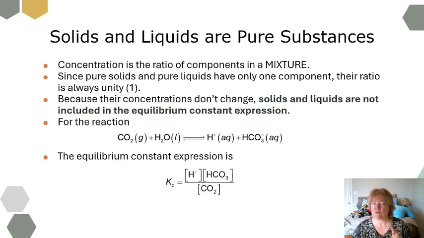They have no coefficients, so there's no powers in this one. And then for the reactants, note that I'm only going to put CO2 there. I'm not going to put the water because the water is going to have a concentration of unity, so I leave it out. So I ignore the liquid state substances when I'm writing my K expression, and that's going to make life a lot easier.